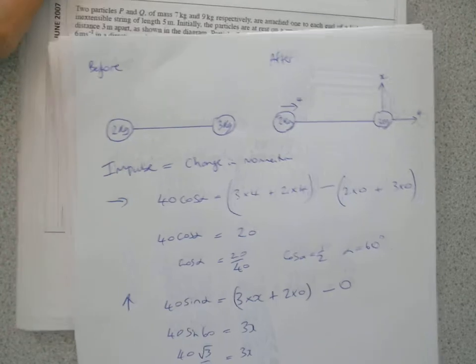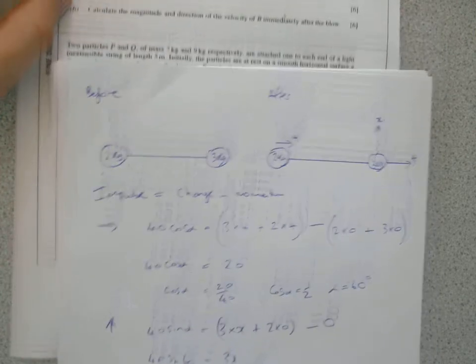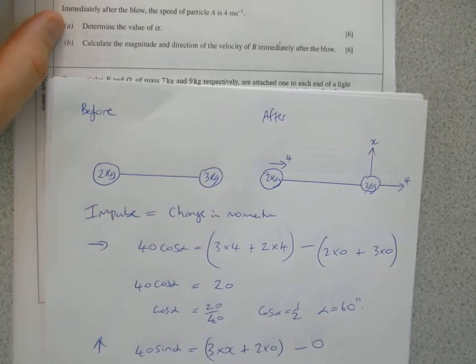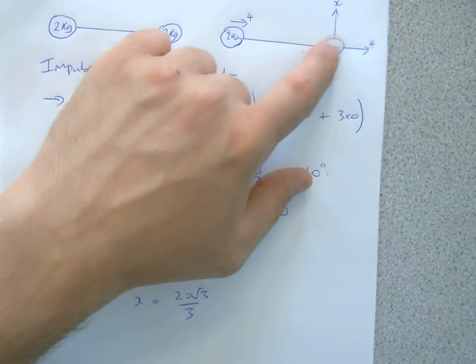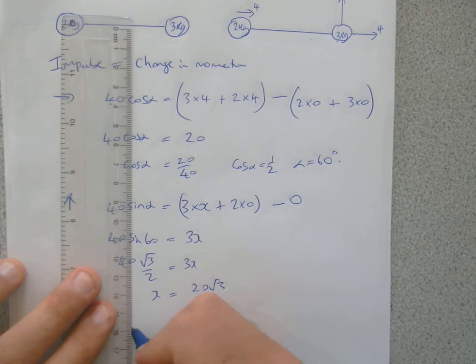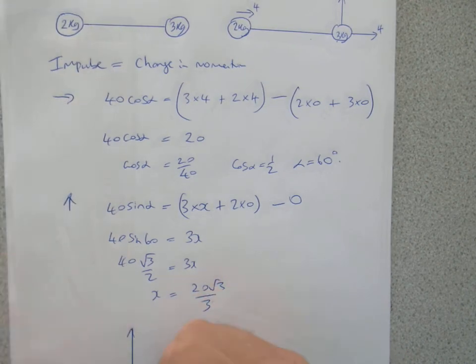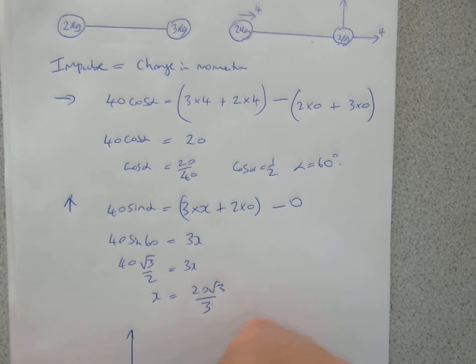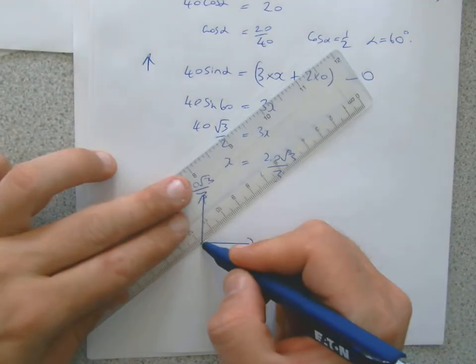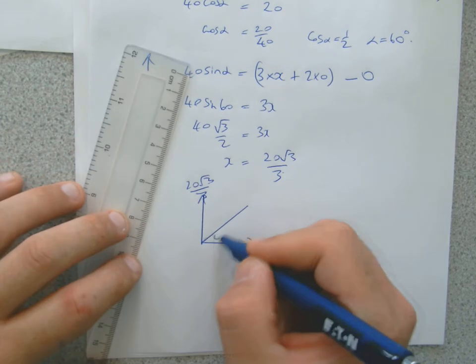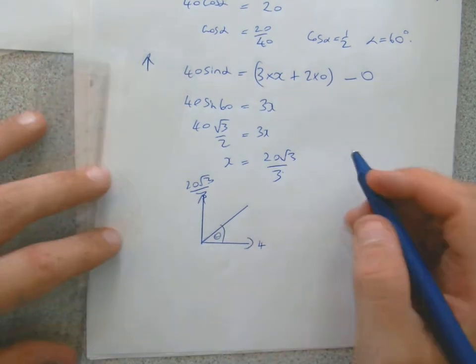This will help us with part B, because part B says calculate the magnitude and direction of the velocity of B immediately after the blow. If we look at object B, we now know what x is. The horizontal component is 4, the vertical component is 20 root 3 over 3, and it's going at this angle theta.